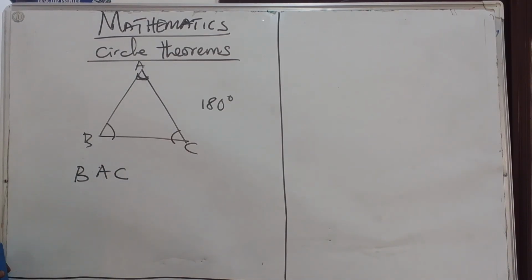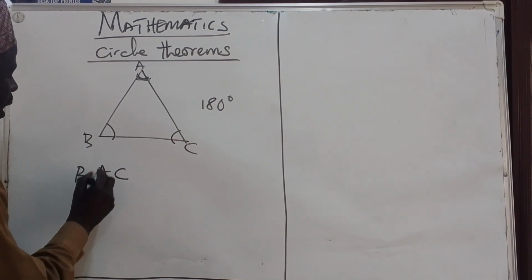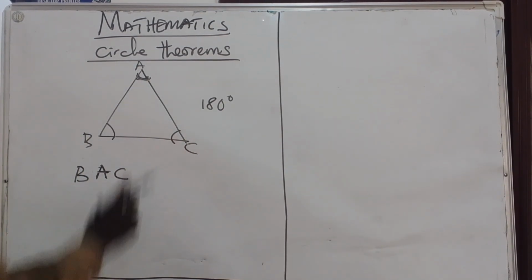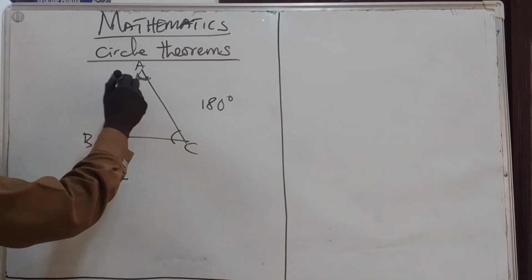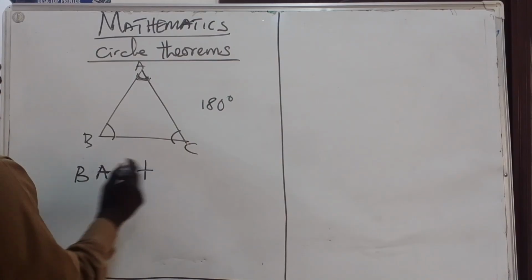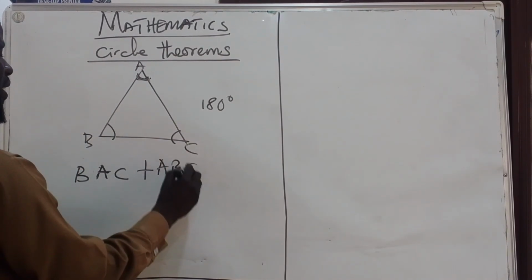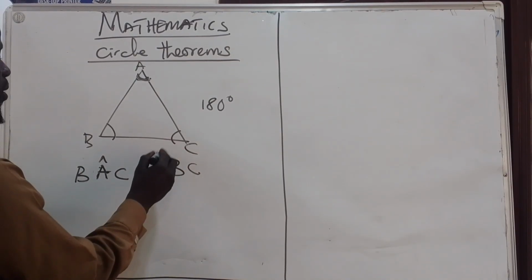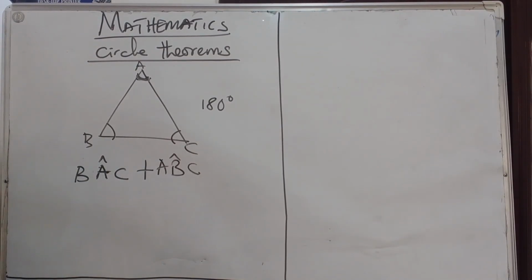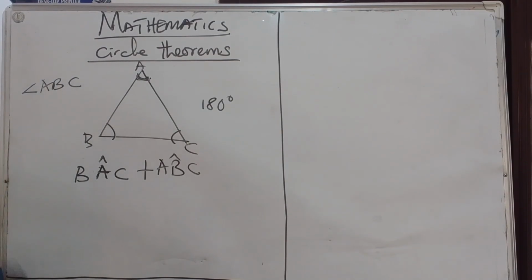The letter in the middle is the one sitting on the angle. So BAC is this angle, plus this angle ABC. Sometimes we put the angle on the middle letter, or sometimes we just write ABC and write the angle here from the beginning, but I would like to adopt this throughout this video.